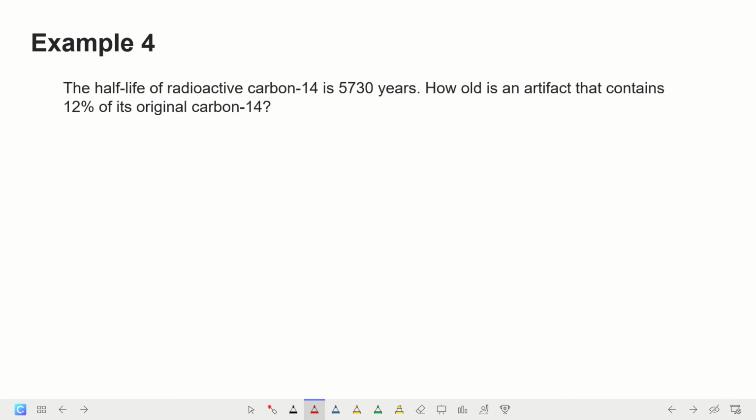Okay, so example number 4. The half-life of radioactive carbon-14 is 5,730 years. How old is an artifact that contains 12% of its original carbon-14? This is a half-life problem. We can use the half-life equation, A is equal to A sub O times 1/2, since this is half-life, raised to the time interval divided by the half-life, 5,730 years.